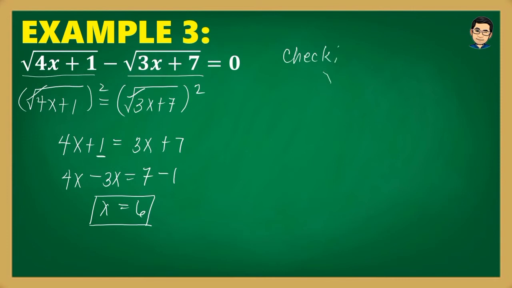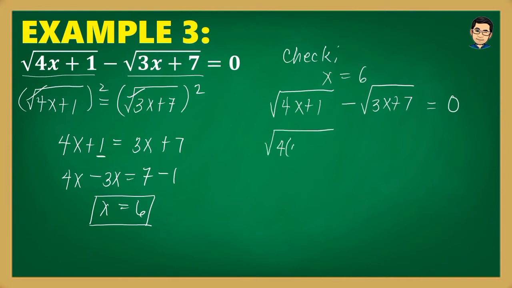So x is equal to 6. So the square root of 4x plus 1 minus the square root of 3x plus 7 equals 0. So we will substitute the value of x, which is 6.